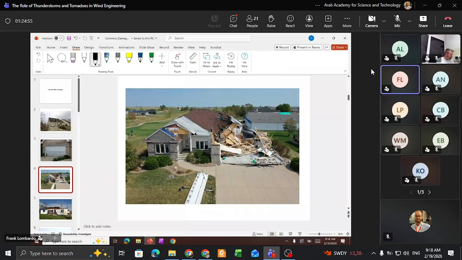The homeowner wasn't there. You can see what's left of the door right there. And here you see collapse of the portion of the structure immediately above the garage. So we suspect that that played a role in the damage level at this particular house, but we can't confirm that.